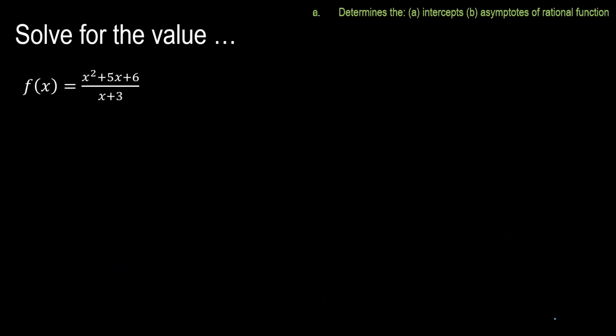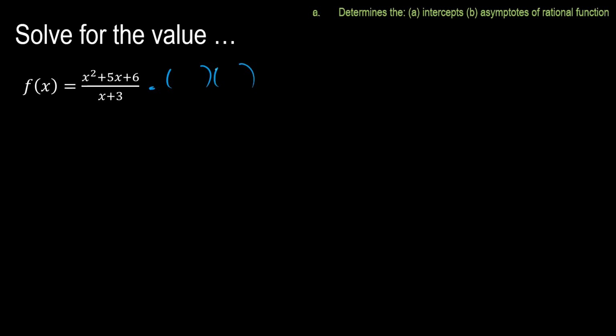Okay, let's have f of x is equal to x squared plus 5x plus 6 all over x plus 3. Okay, so again, let us see kung may factor si numerator so that we can cancel that on the denominator. Okay, so what are the factors of the numerator?